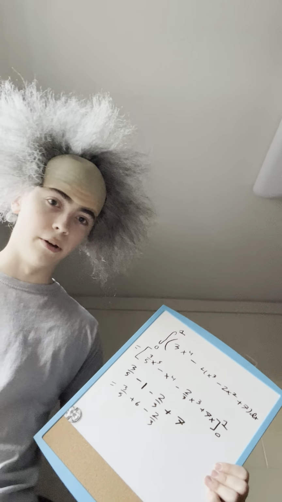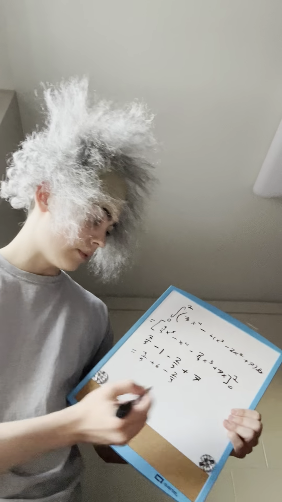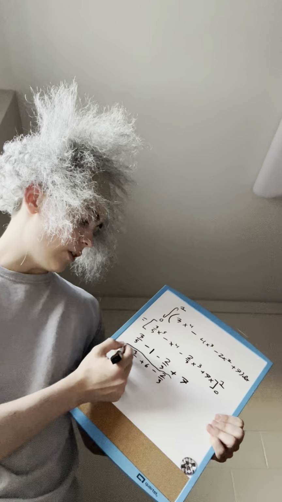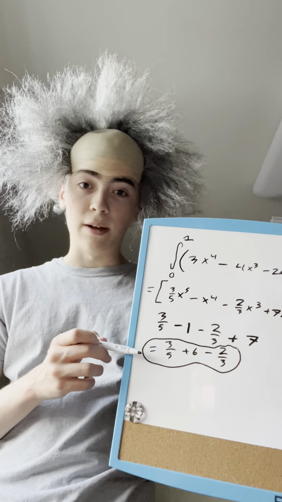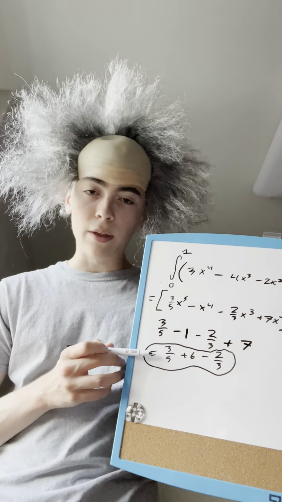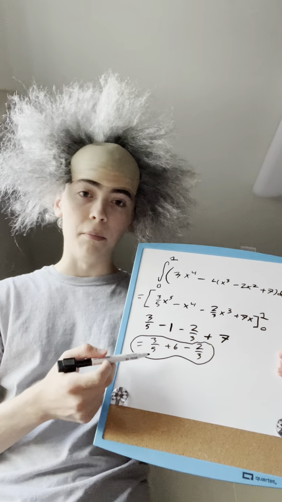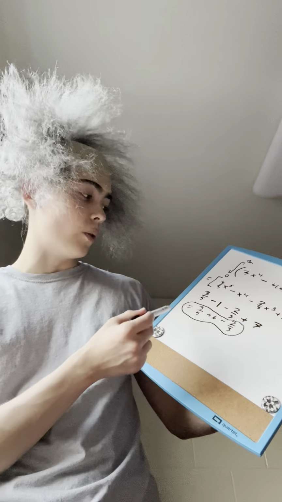Oh boy, how do we want to do this one? A lot of math teachers really don't care if you simplify your answer. I'm just going to leave my answer as that. That's going to be my area. I know that this is going to be some number, right? It's going to be some positive number.